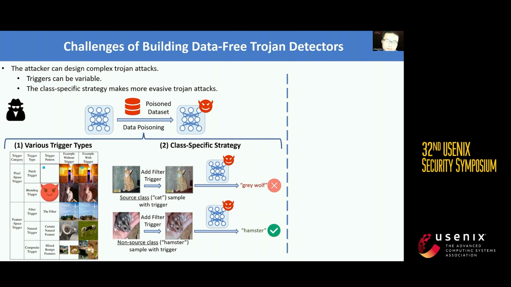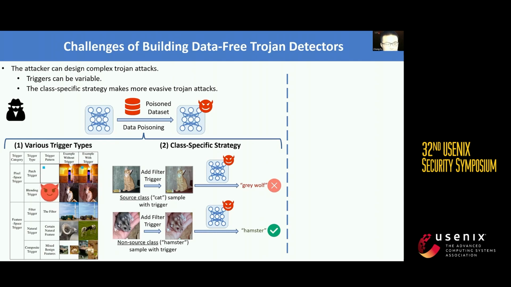On the other hand, the attacker can use the class-specific strategy to make the neural Trojans even more evasive. The class-specific Trojan attack assigns one or more classes as the source classes. The Trojan model will misclassify source class samples if they are added with the trigger. While for non-source class samples, even if they are added with the trigger, the Trojan model can still correctly classify them.